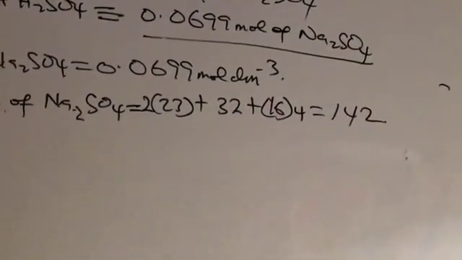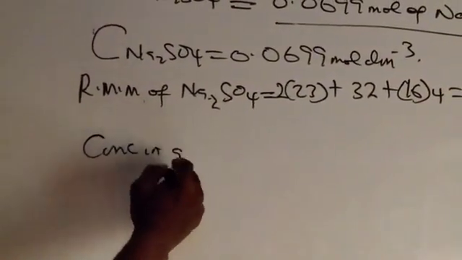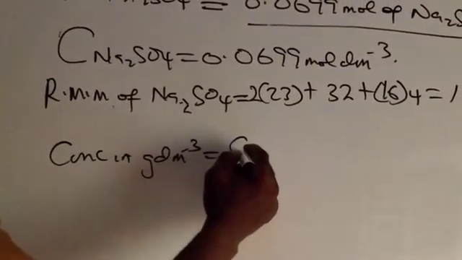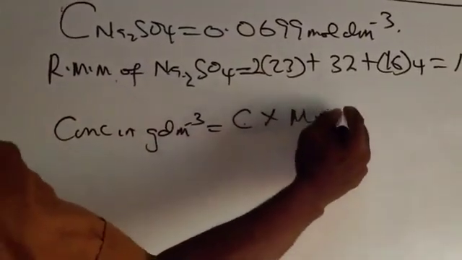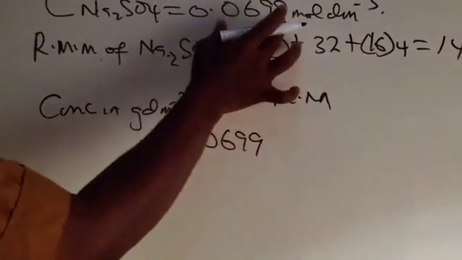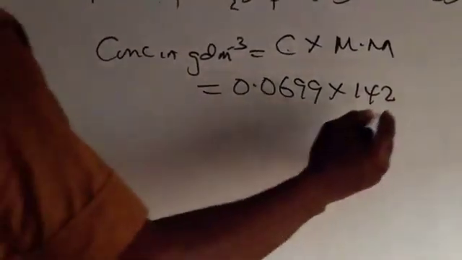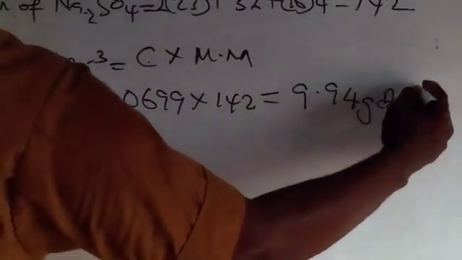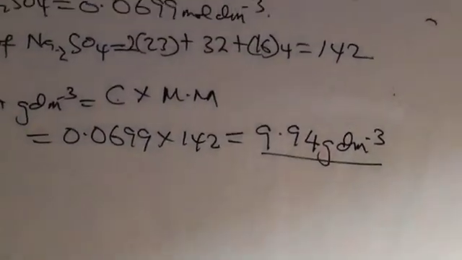So having obtained that, we know that the concentration in gram per dm cube, which is the mass in 1 dm cube that we're looking for, is given by the concentration in mole per dm cube, which we got as 0.0699, times the molar mass, 142. And that will give us approximately 9.94 gram per dm cube. So this is the mass of the compound that will be recovered when you evaporate 1 dm cube of the solution.